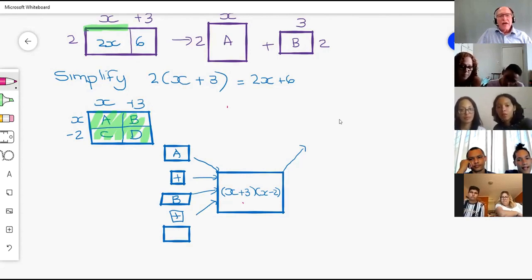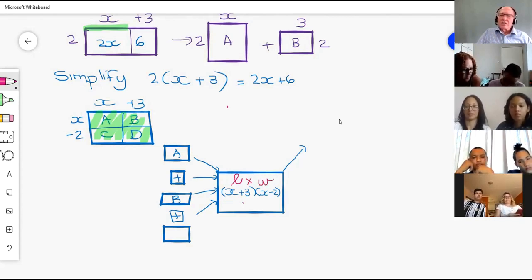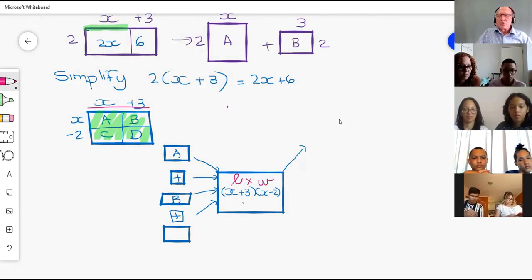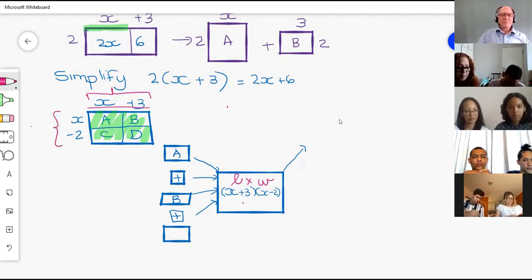You see x plus 3 on top, multiplied with the x minus 2 on the vertical side, and this is how you get to x plus 3 in brackets times x minus 2. Are we on the same page, Candice? Yes. Okay, remember, this is the length and this is our width.